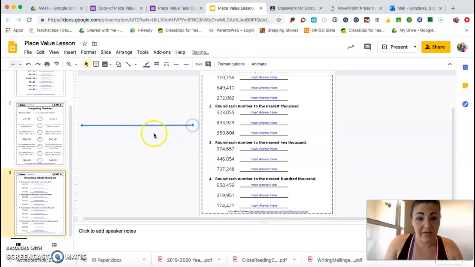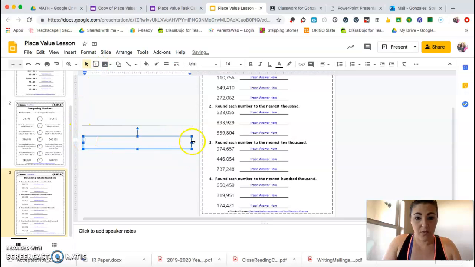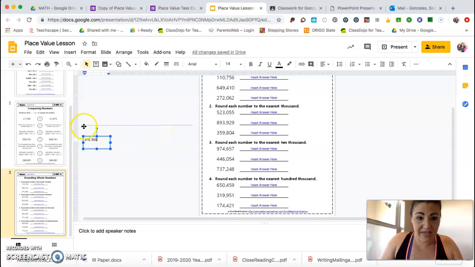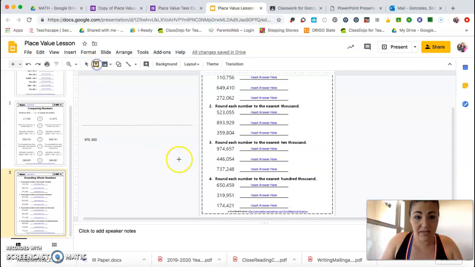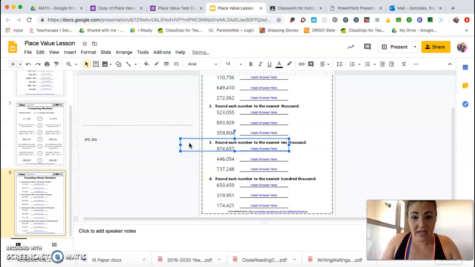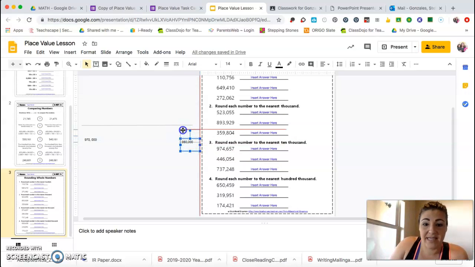So if I have a number line that looks like this, on one side right here, whoa, that's a big box, I have 970,000 for this side, and let's say over on this side I have 980,000, okay? That's the end of both of these number lines.